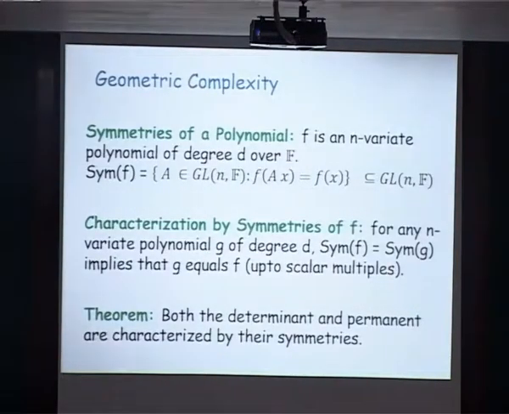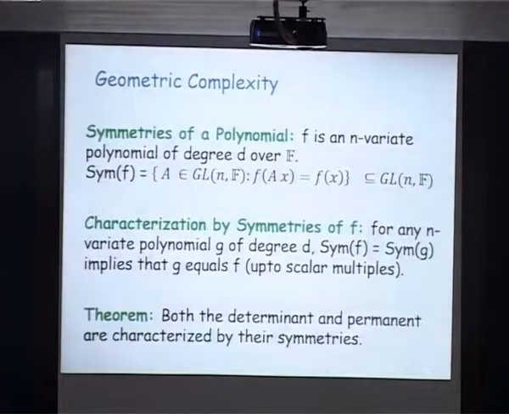Formally, if for any other polynomial g of degree d, the symmetry group of g is the same as that of f, then g must equal f. If that holds true, then we say f is characterized by its symmetries. Now there's a remarkable theorem that says that both the determinant and the permanent are completely characterized by their symmetries.